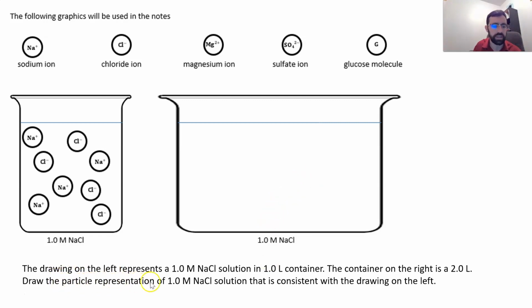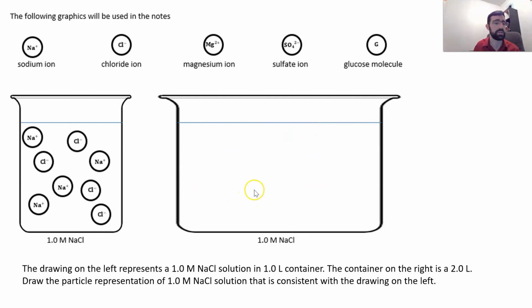Draw the particle representation of 1.0 molar sodium chloride solution, so the same concentration that's consistent with the drawing on the left. So if this represents 1.0 molar sodium chloride in a 1 liter container, how would I represent the same concentration in a 2 liter container?